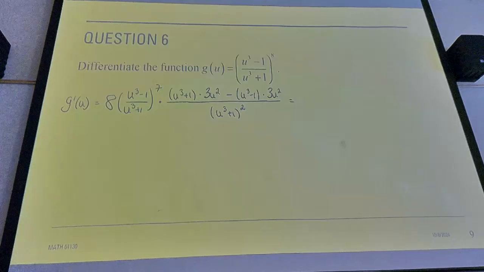So 3u squared common in the numerator. Times that by 8. What are we left with in the numerator? u cubed minus u cubed, and then 1 minus negative 1.